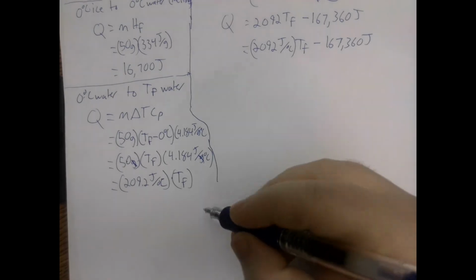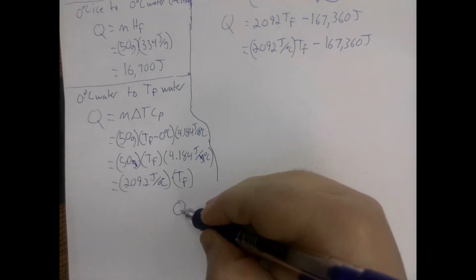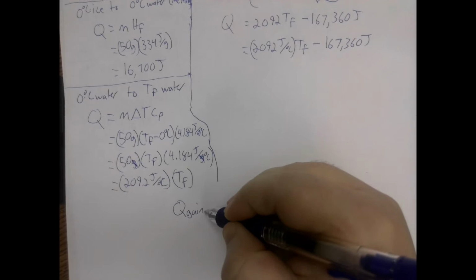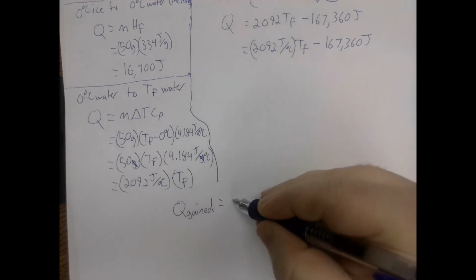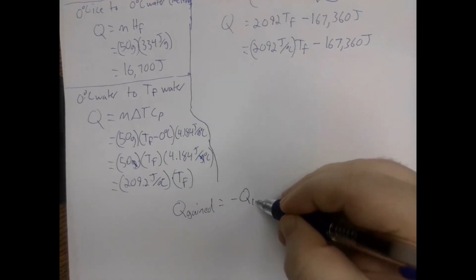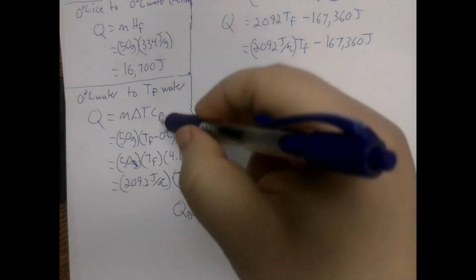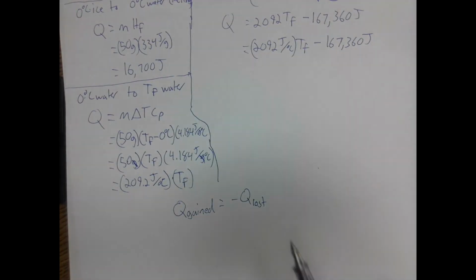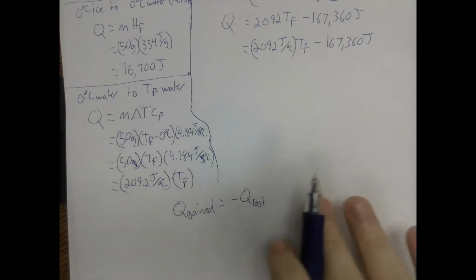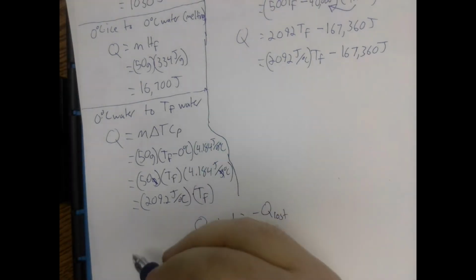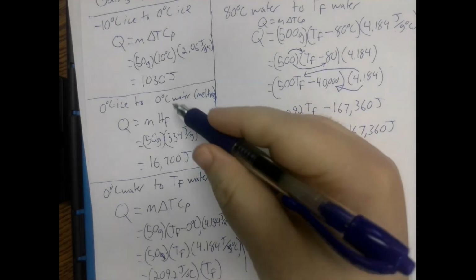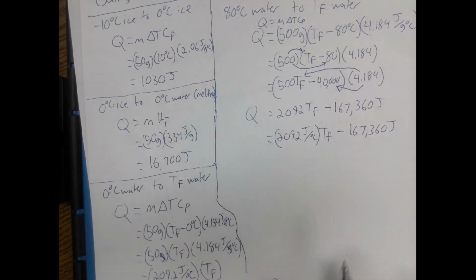So our equation is Q gained is equal to negative Q lost. So all of this is our Q gained. All of this is our Q lost. So let's work it out. We have this plus this plus this.